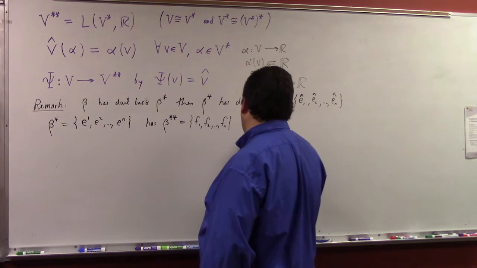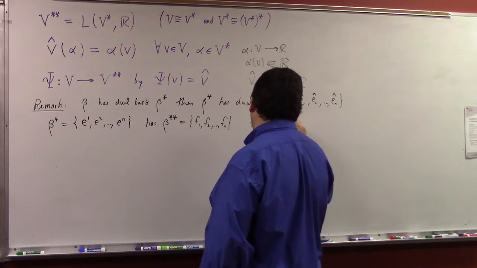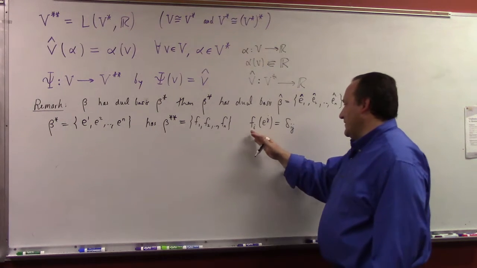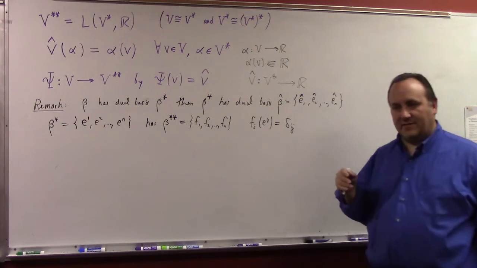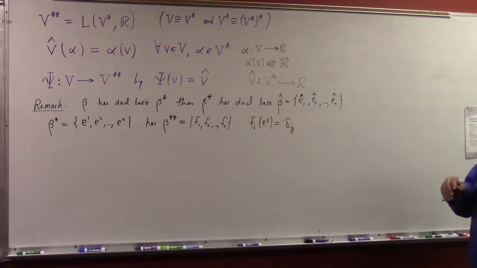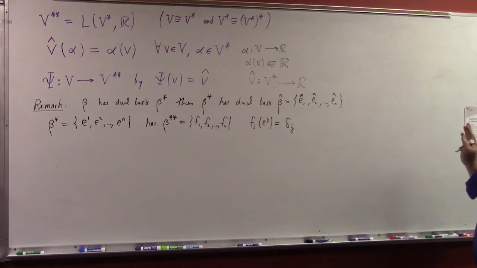Well, the defining condition is that fi of ej is equal to what? Kronecker delta ij, right? Now, sometimes I try to keep the indices straight on the Kronecker deltas. I just can't do it. Some people do. There's a lot of index conventions out there, and I can only go so far.